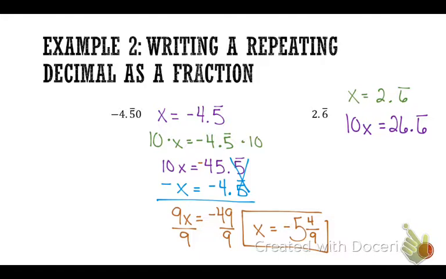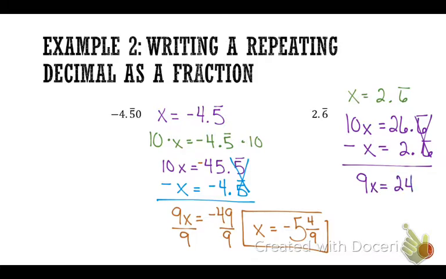Okay. Now, I must subtract my original equation, minus x equals 2.6 repeating. It's real important that you line up your decimals so you can see the repeating cancel and you get 9x equals 24.